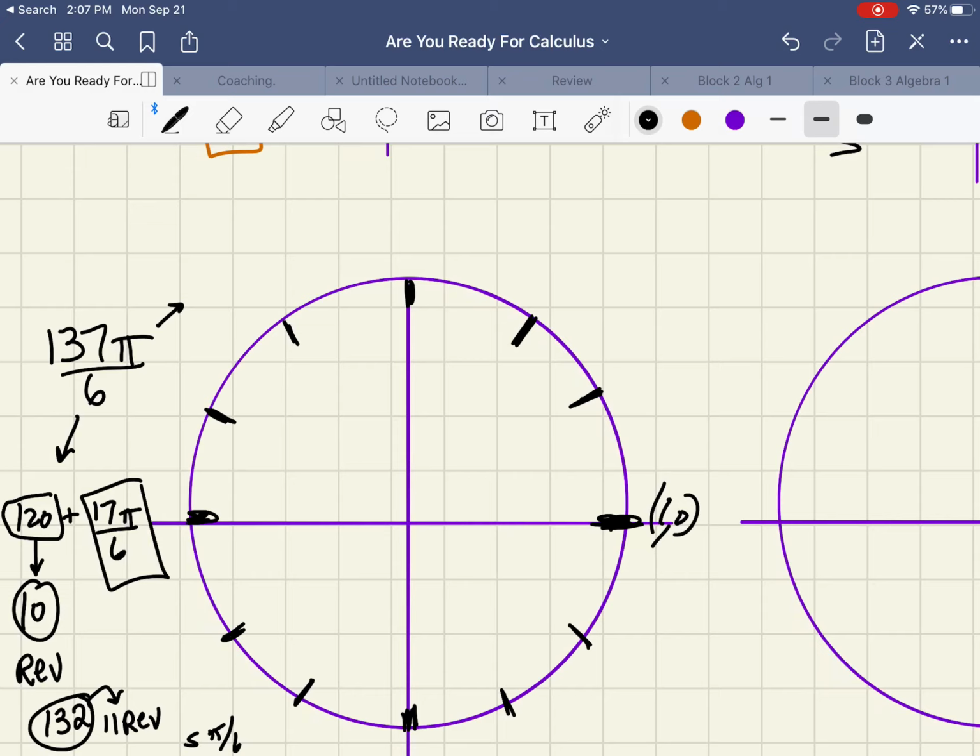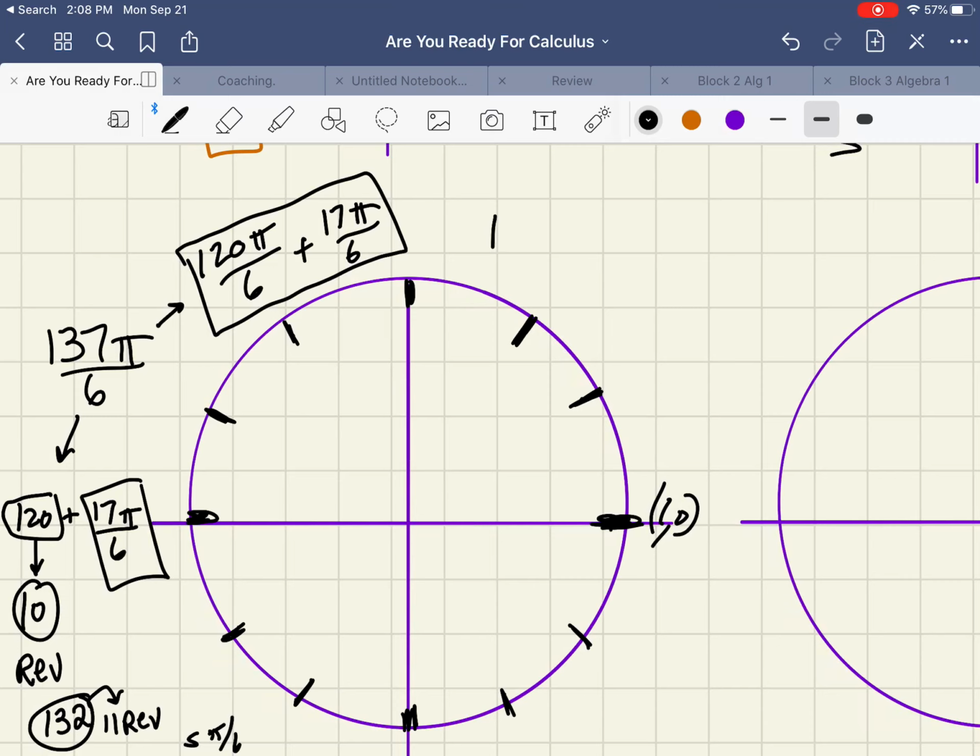So just to write it out, we can do it in any combination we want as long as the total equals 137. So I can look at it as 120 pi over 6 plus 17 pi over 6, or slightly quicker would be 132 pi over 6 plus 5 pi over 6.